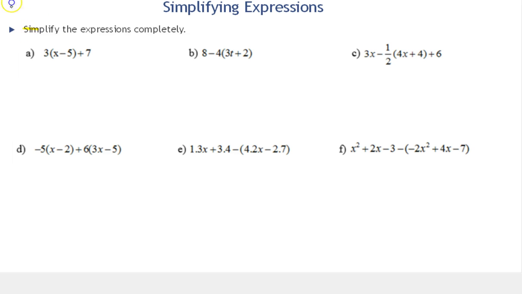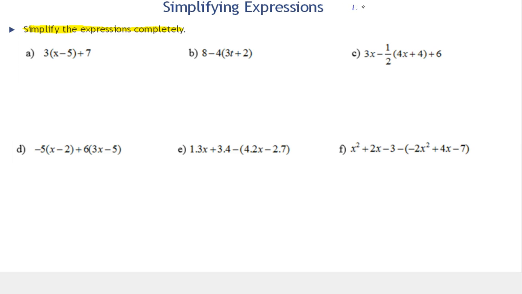The directions read, simplify the expressions completely. Just a note on this, lots of times we'll just write simplify, and simplify means to simplify the expressions completely. We don't mean just perform some of the operations and make it more simple. We always want it to be the simplest, even if we don't put completely. So here's our strategy. You can write this right here.